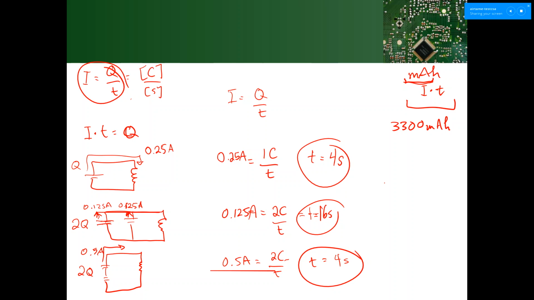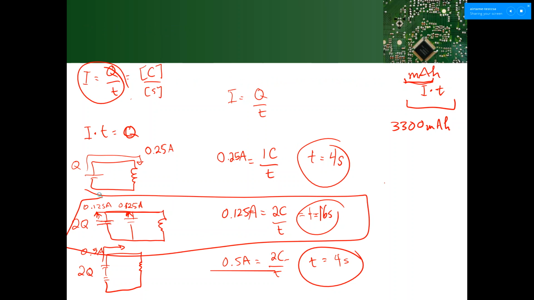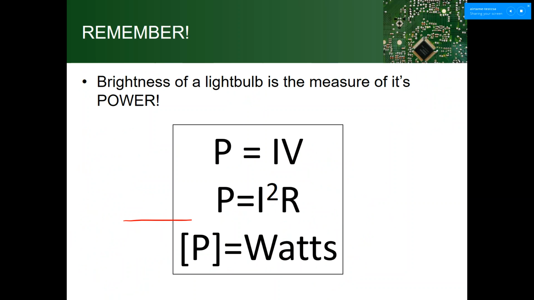So I have 4 seconds in the first situation, 16 seconds in the second situation, and 4 seconds again in my last situation. The longest battery life is going to be obviously this one. This is what your research showed you on your assignment. But now we can quantifiably say that this one is going to have 4 times more longevity than if you were to use just one battery or 2 batteries in series.